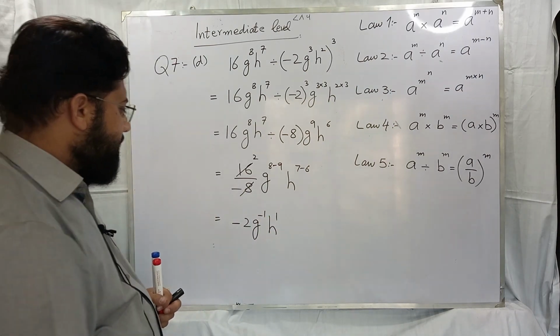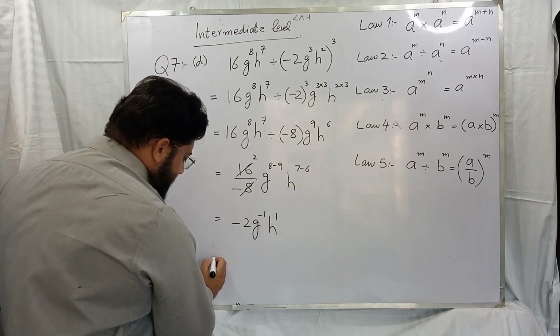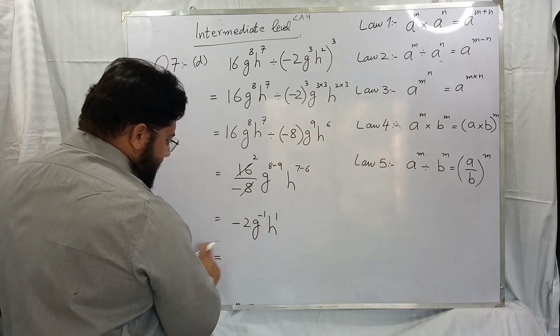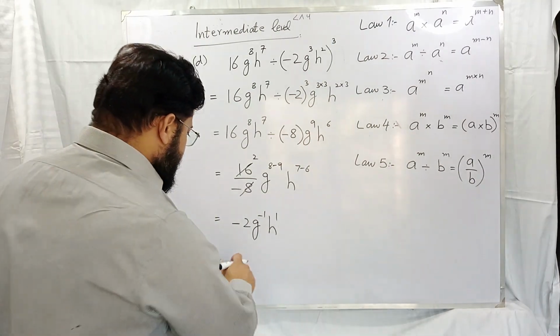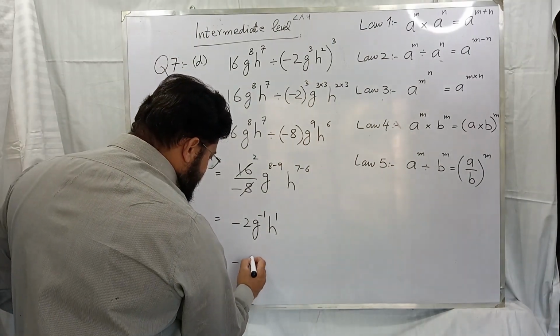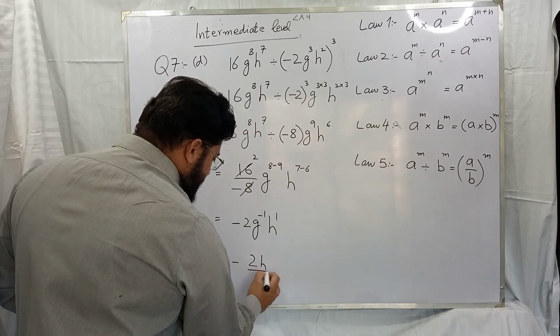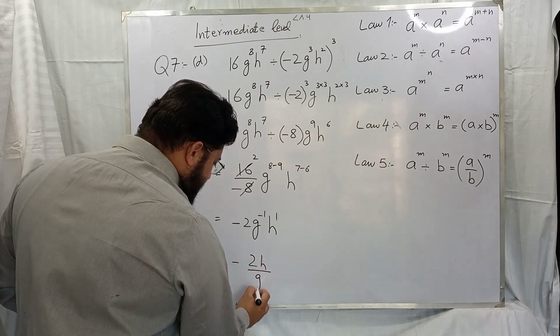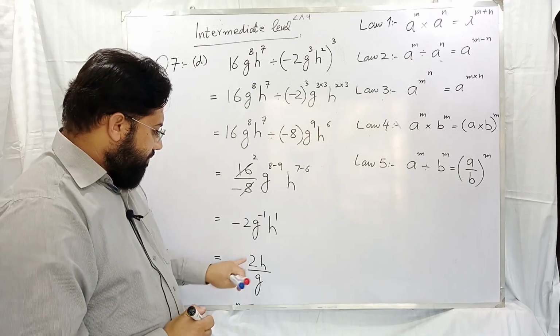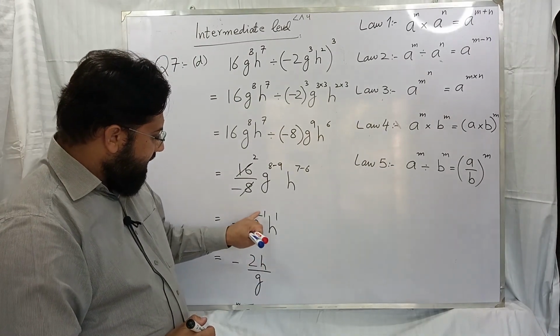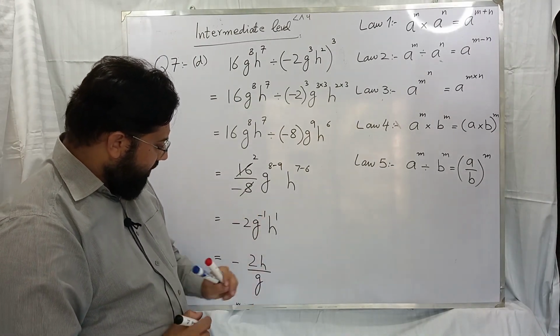Okay, so in the last step, if there is a negative value here, you can shift it down, like minus 2h over g. Both have power 1, so we don't write power 1. So minus 2h, and g negative 1 was shifted downwards.